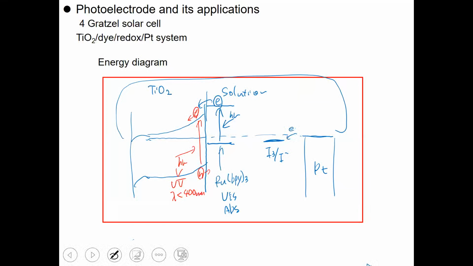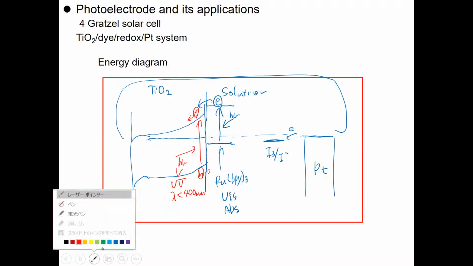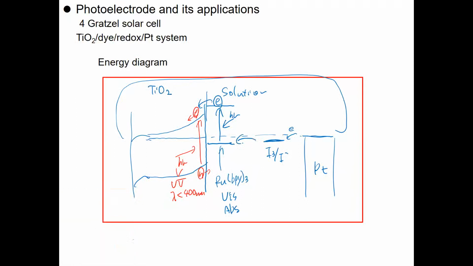And when the energy level is adjusted, the electron can be given back to the ruthenium complex, and then it keeps rotating. So it's a very smart way: just by adding the dyes on the surface, electrons, the charge carriers, are moving around. That's what happens.